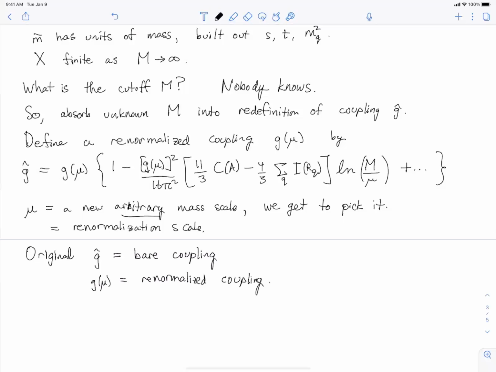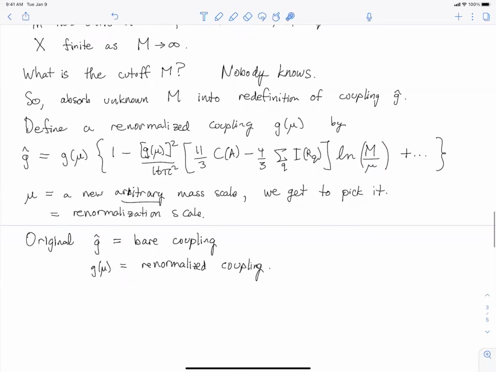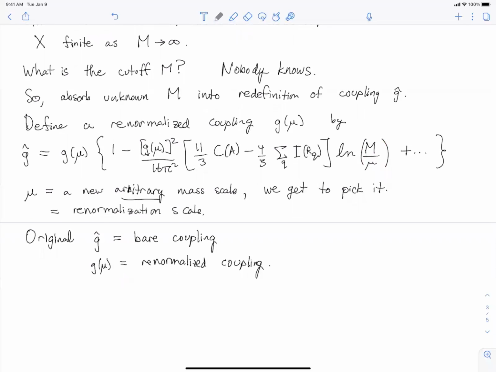So it looks doubly arbitrary because it depends on the cutoff that we don't know, and another arbitrary scale, mu, that we pick, but we can pick it to be anything. Okay, so the first thing to notice about this is we can invert this.